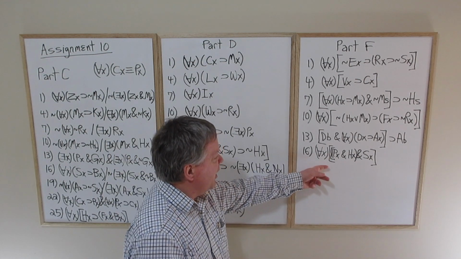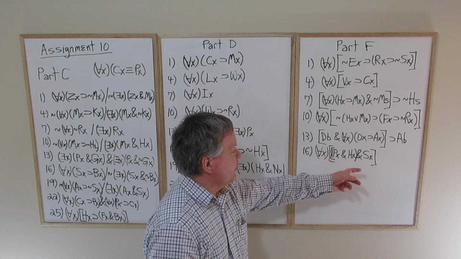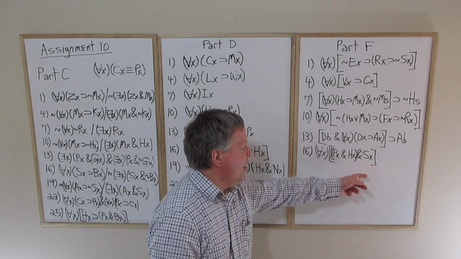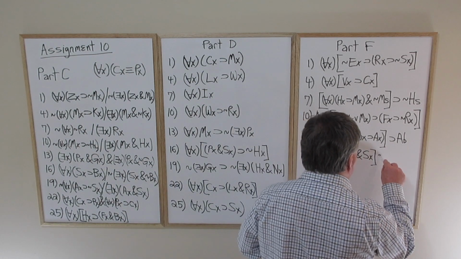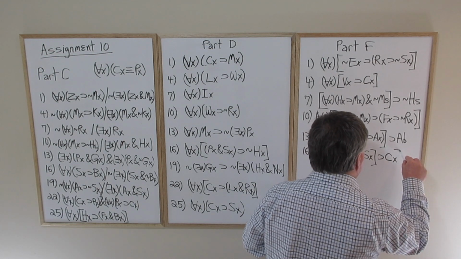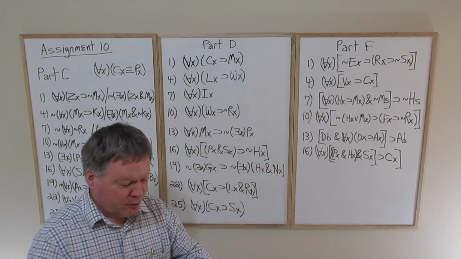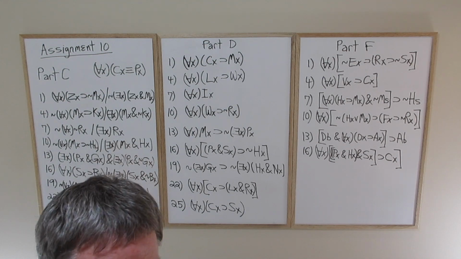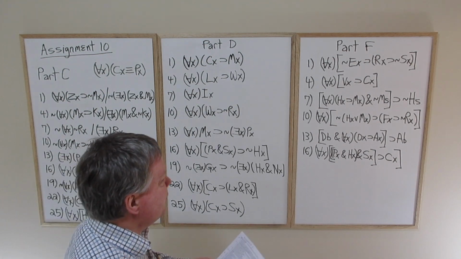So we've got all X are such that if X is a person and X is happy and X is sad, then X is confused. There's a symbolization of question 13.